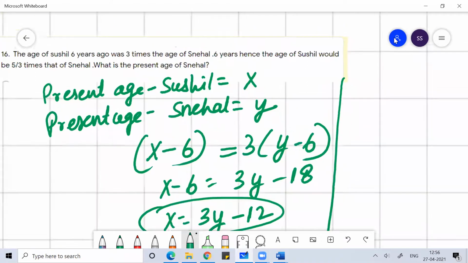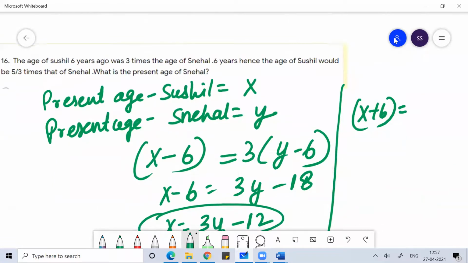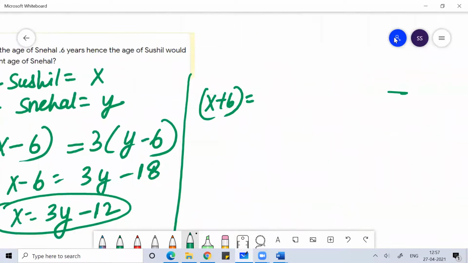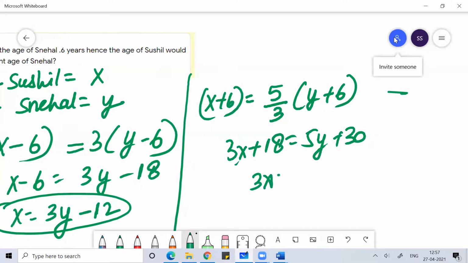Then six years hence, the age of Sushil will be X plus 6, and that would be 5 by 3 times the age of Snehal. So Snehal's age would be 5 by 3 into Y plus 6. So this would be 3X plus 18 is equal to 5Y plus 30, so 3X is equal to 5Y plus 12.